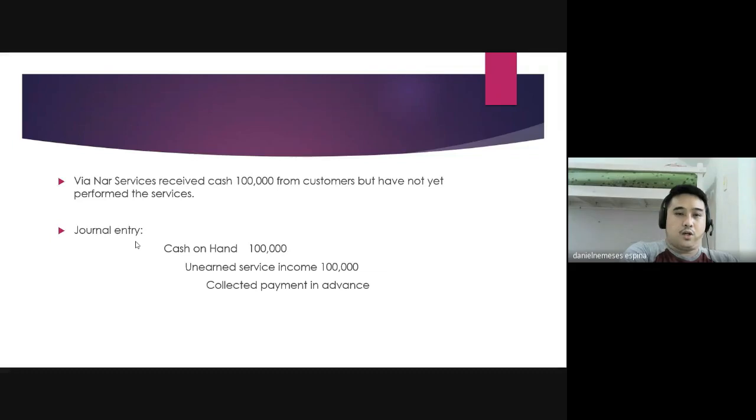Okay, so these are some of the transactions that are usually in business. But again, the discussion I have given here is not exhaustive, not complete. There are many more accounting transactions than these.